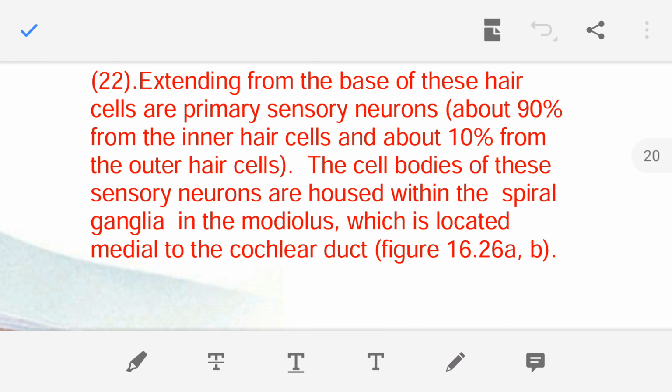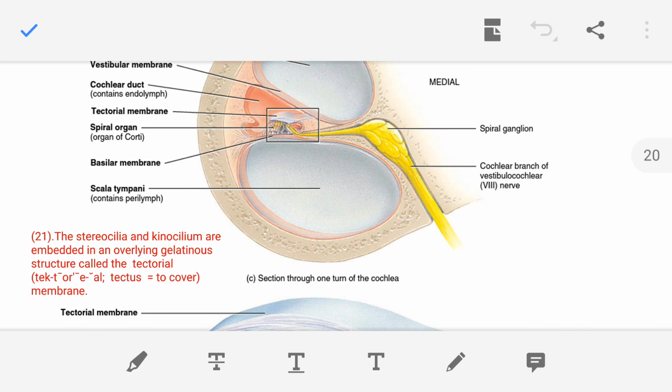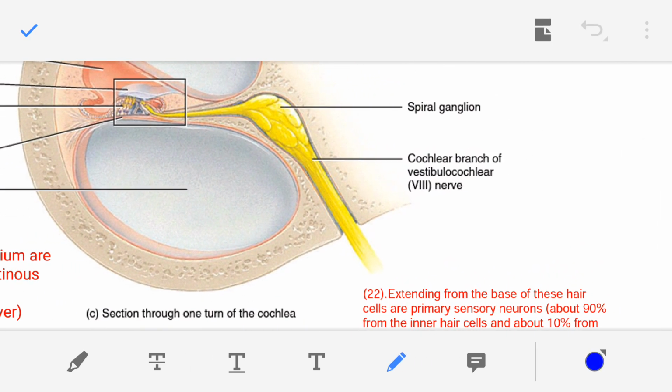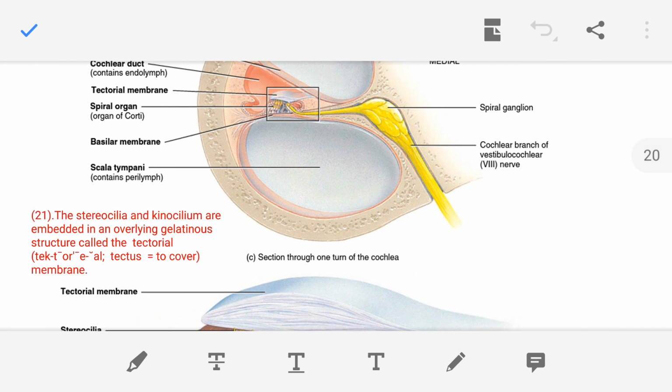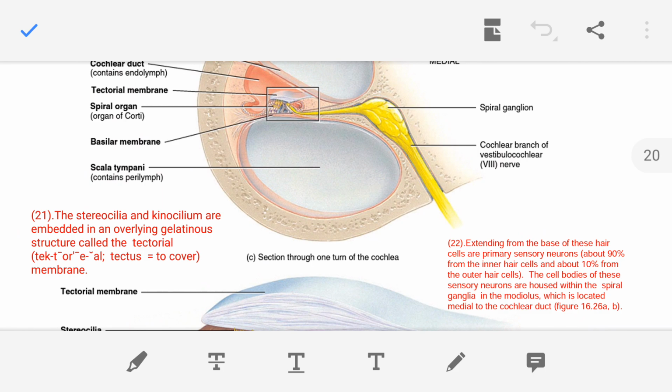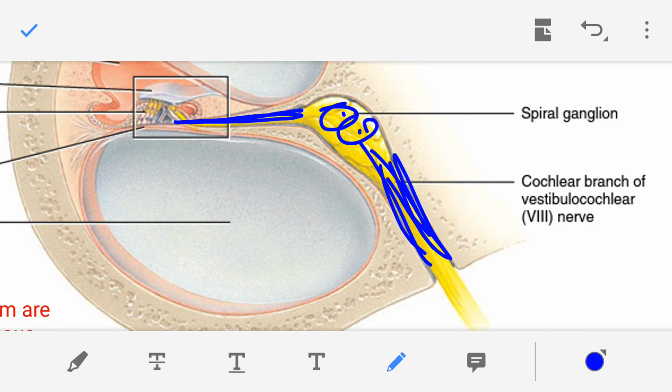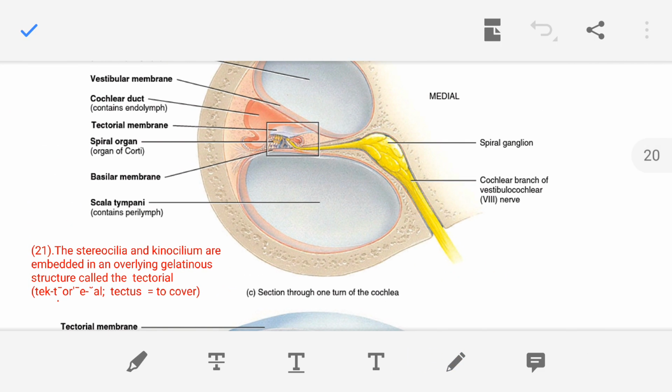Now simply what is happening, hair cells make synapse with sensory neurons. So these are all fibers. Then here there are somas, then again fibers, and all these fibers together form a nerve.